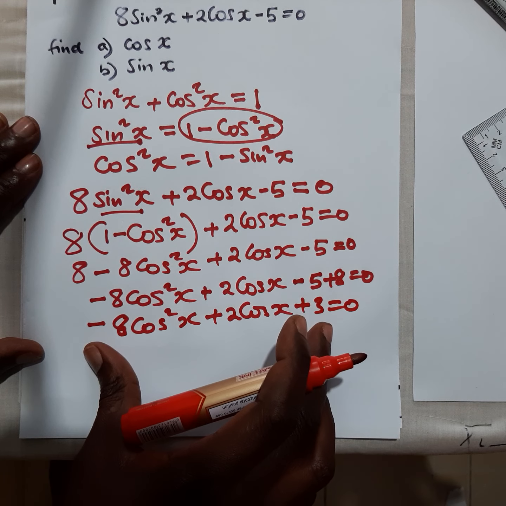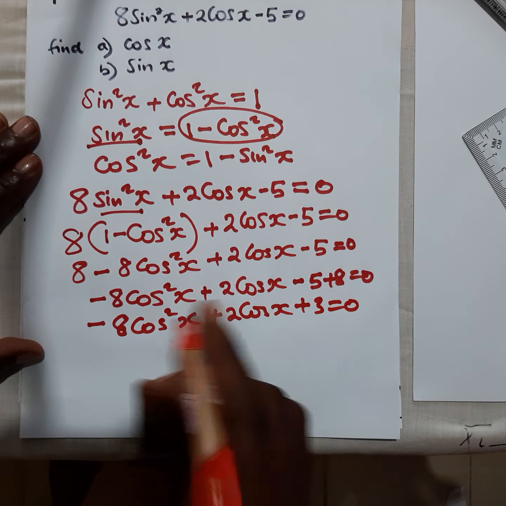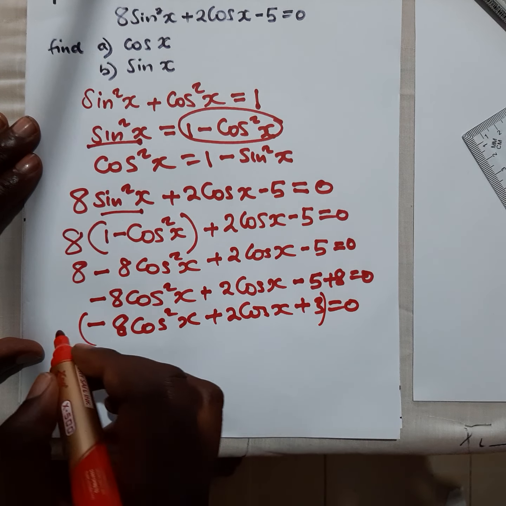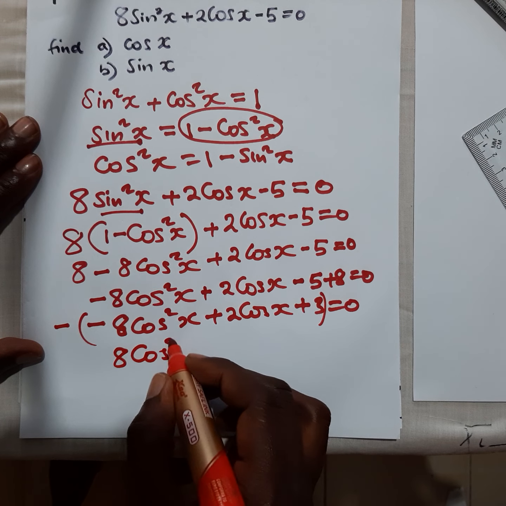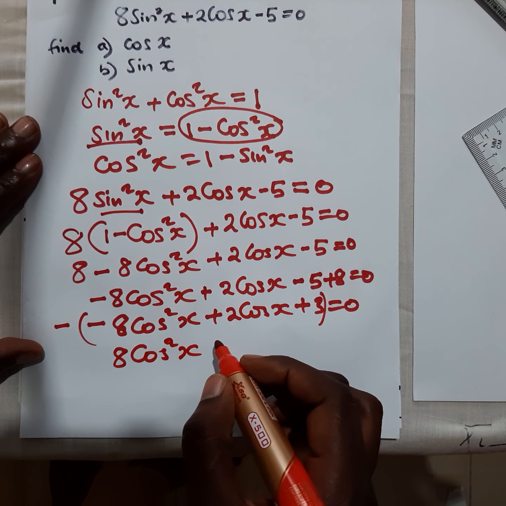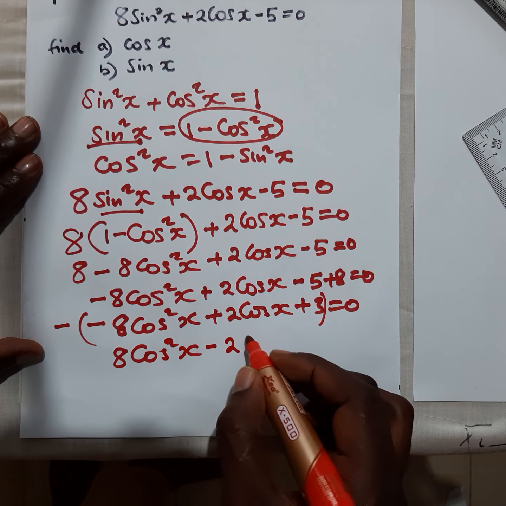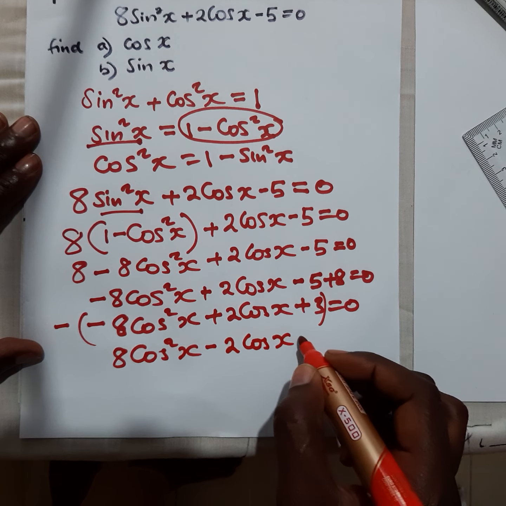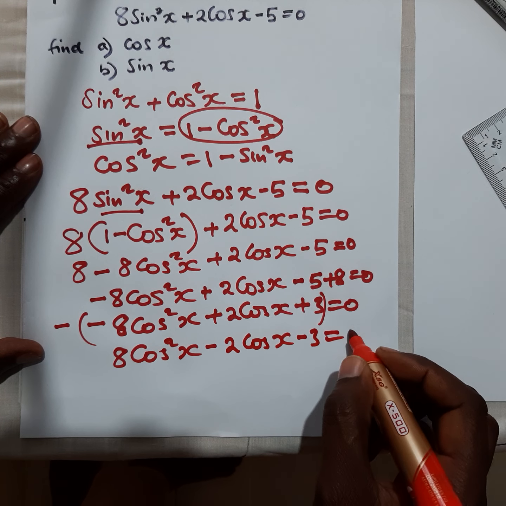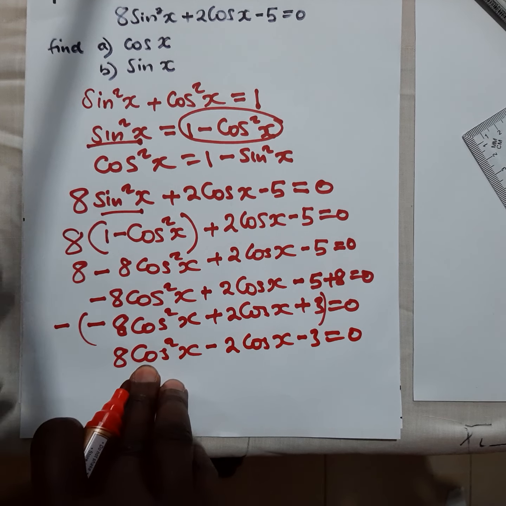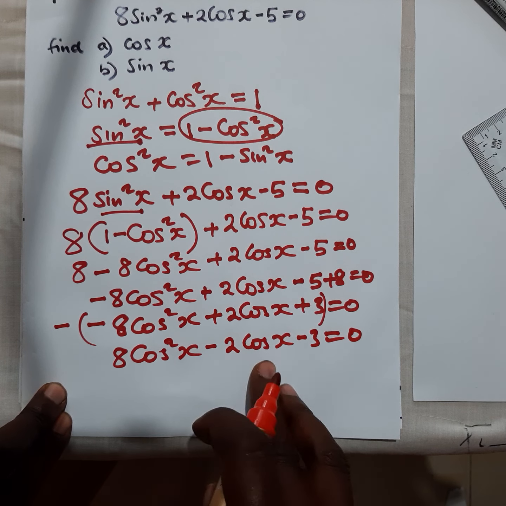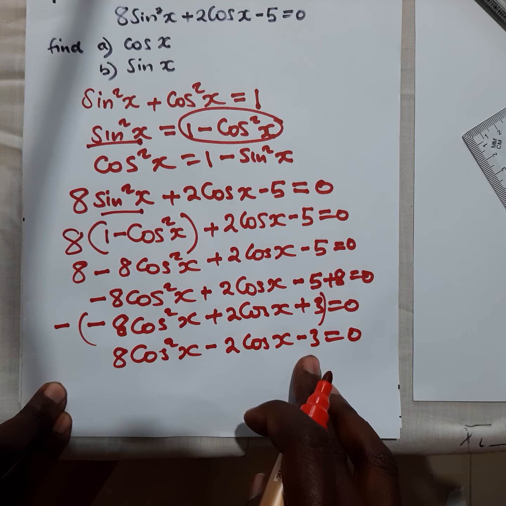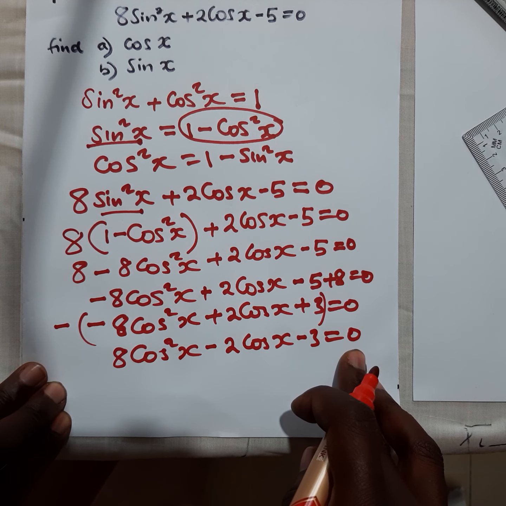We can multiply through by a negative, so we have 8 cos squared x minus 2 cos x minus 3 equals 0.